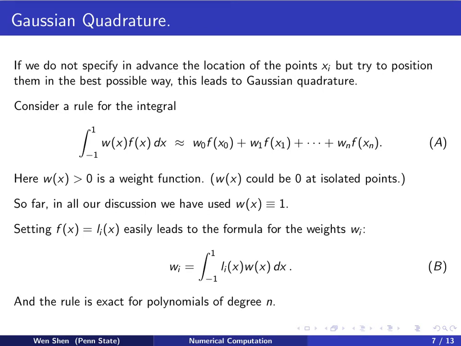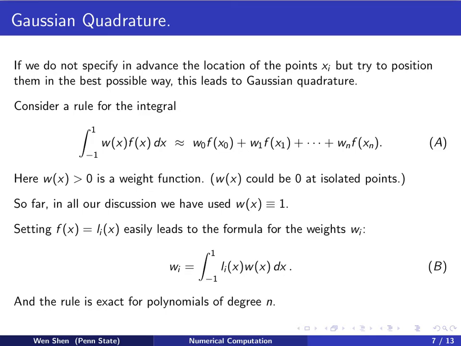If we set f to be Li(x), the cardinal function at xi, then we can evaluate this expression, and we would have only wi on the right hand side. Therefore, wi would be the integral of a cardinal function times w(x) dx.